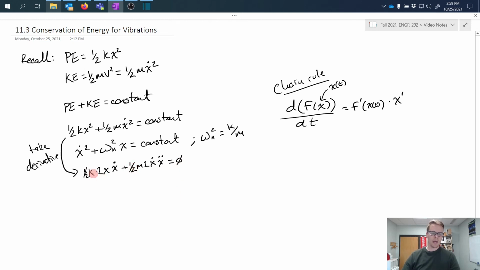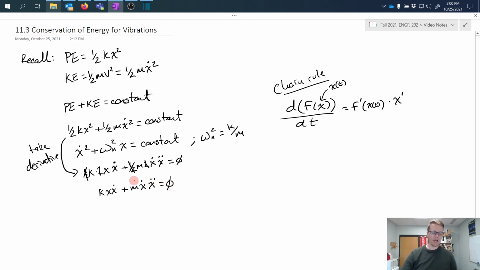So I can see that my 1/2s cancel: this one with this 2, and this 1/2 with this 2 right here. Now I'm left with kx x dot plus m x dot x double dot equals 0.